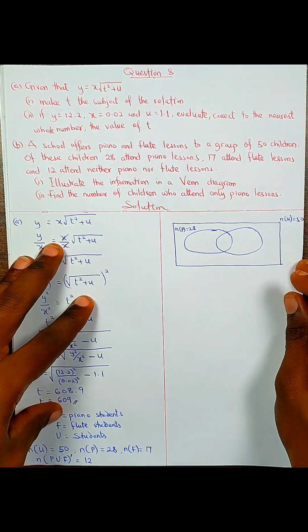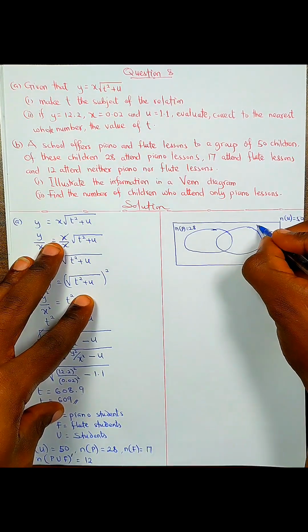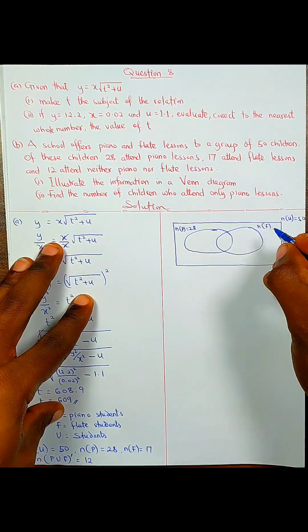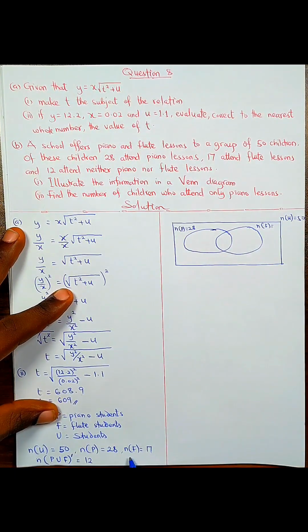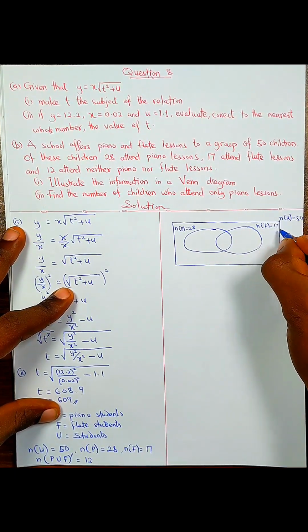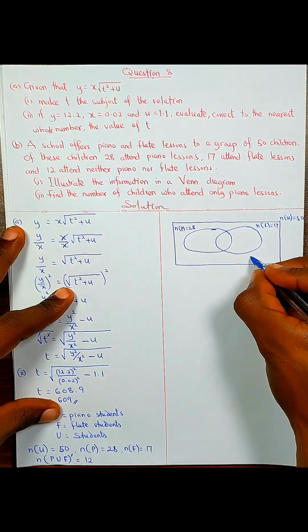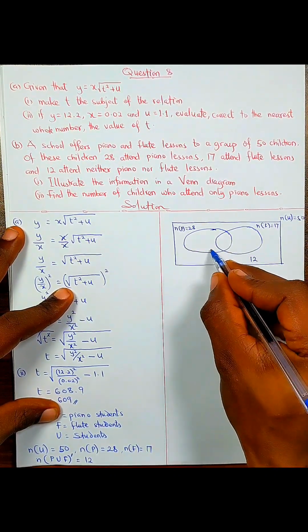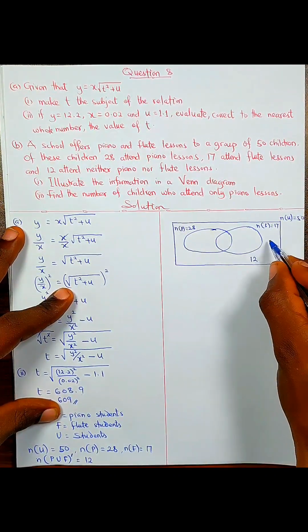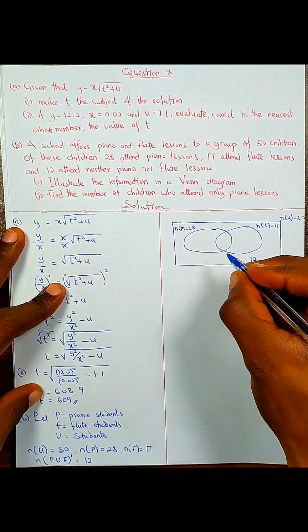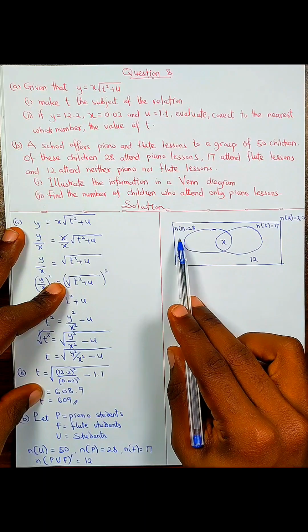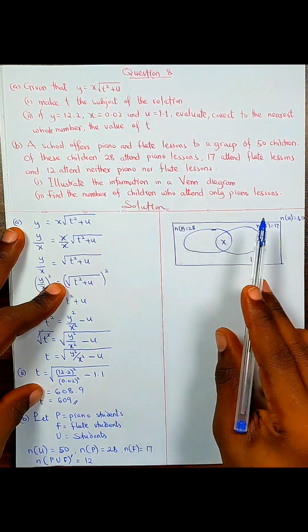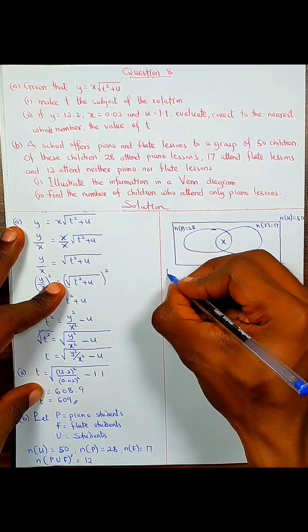Okay. Then I'll say the number of people who study flute was given as 17. And then we know that these 12 people are neither in the piano circle nor the flute circle. So we also represent X to be the people who are studying both the piano and flute. So I can write it.